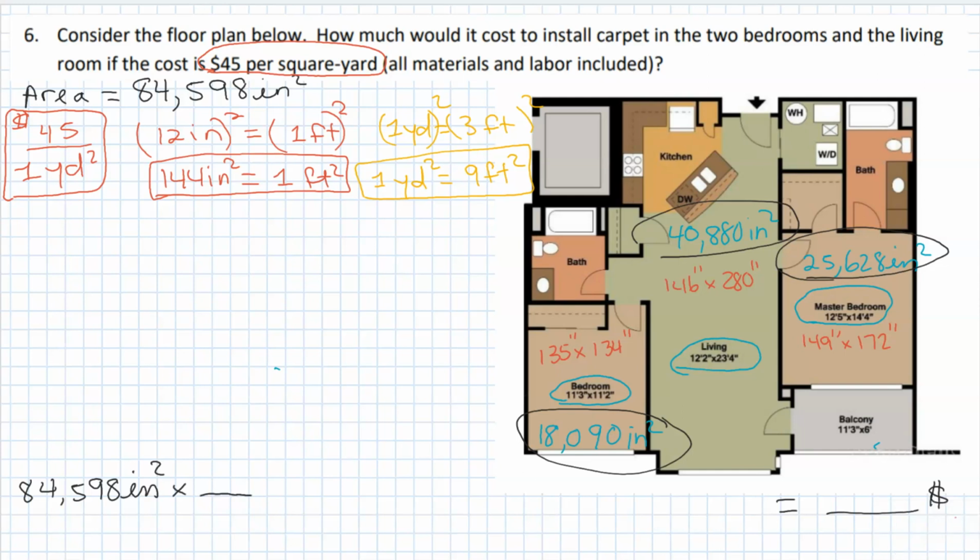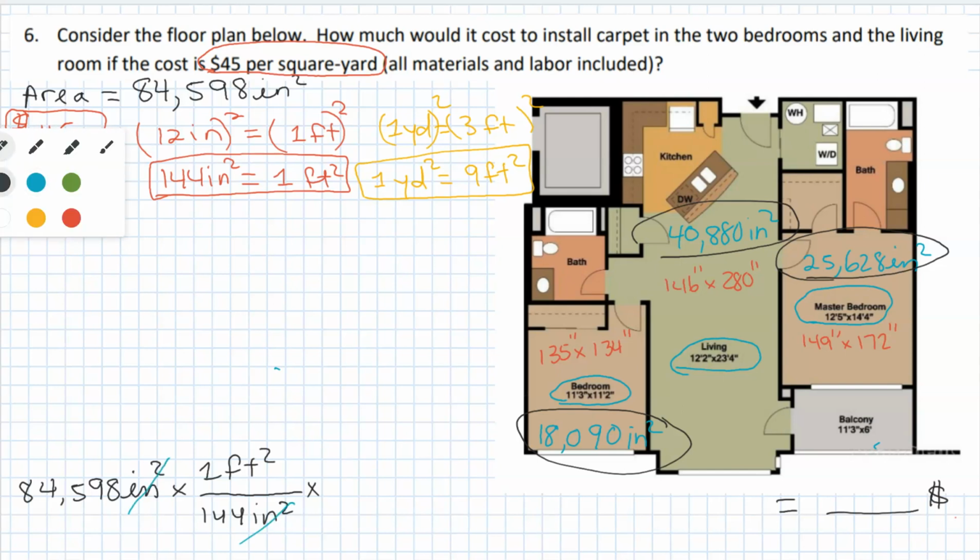So we will use 144 square inches is in 1 square foot, and the units will cancel out like that, and then we will say 9 square feet is in 1 square yard, and then square feet cancel with square feet.